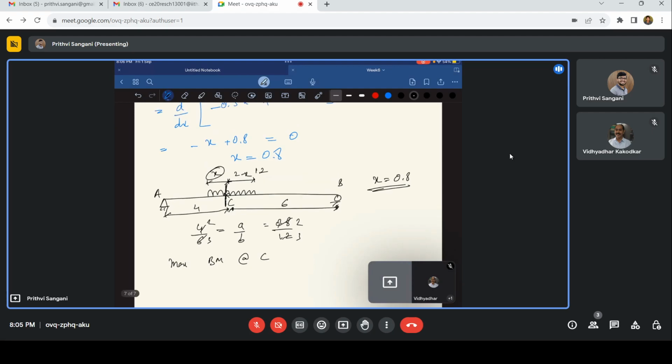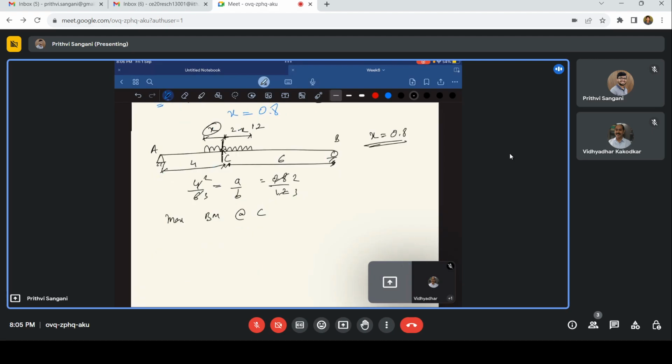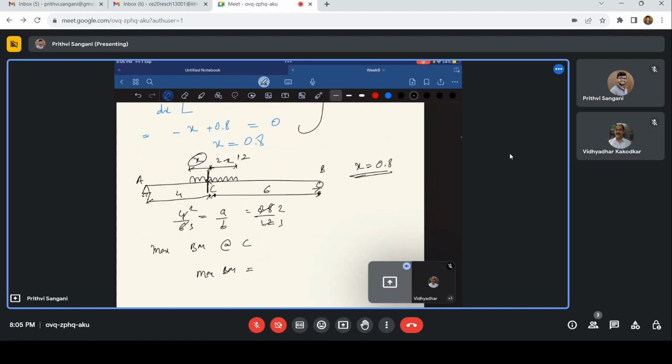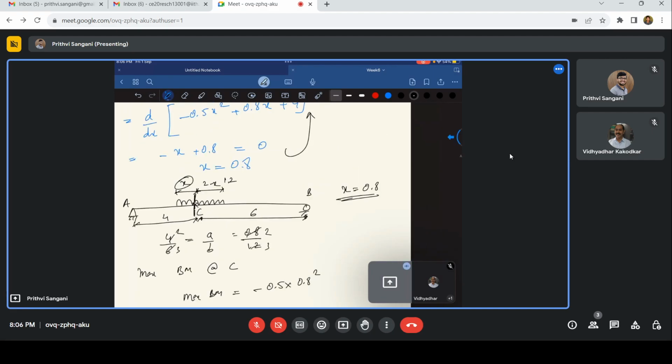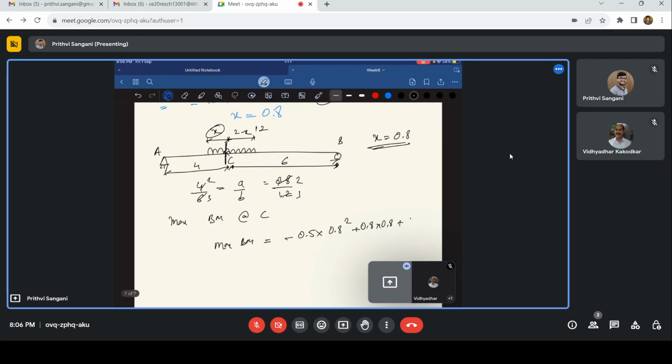So again, you just substitute in this equation. My maximum bending moment will be minus 0.5 times x square plus 0.8 times 0.8 plus 4 times, what is the UDL?